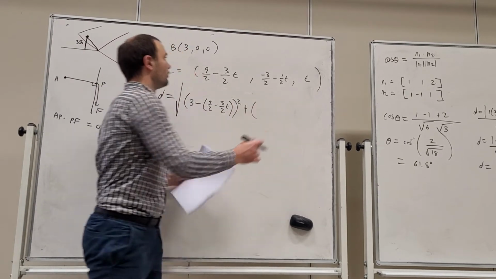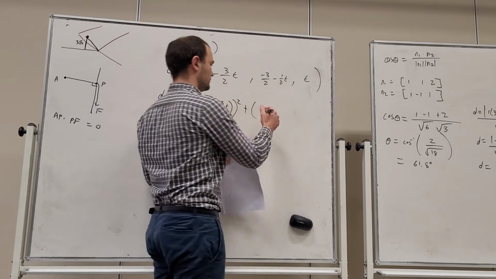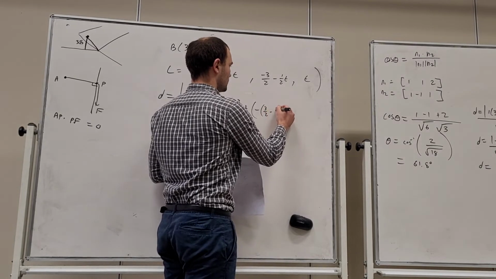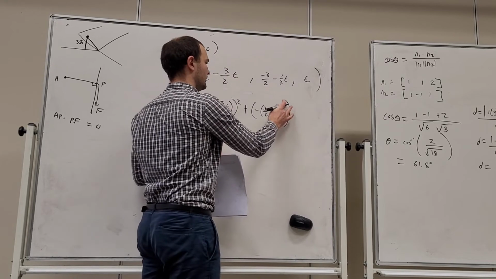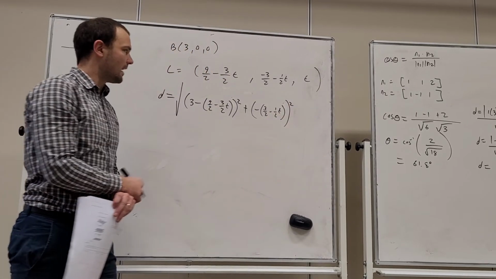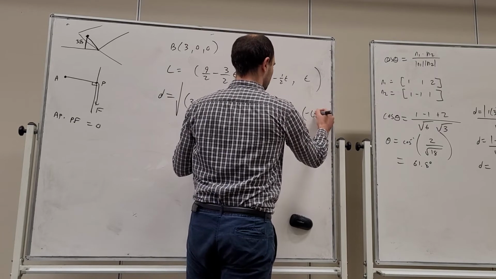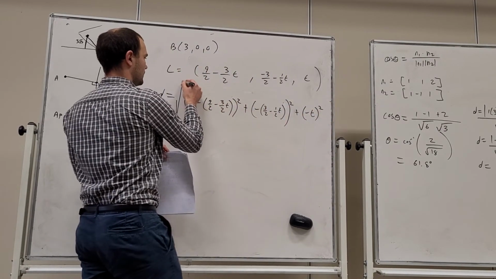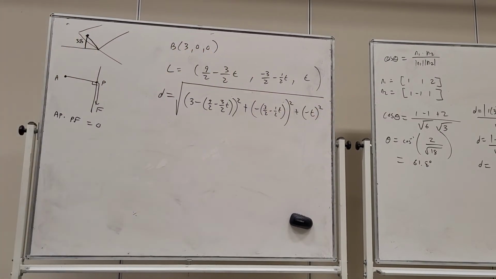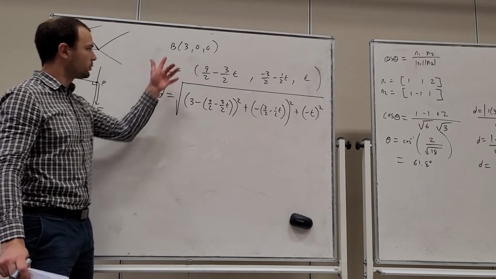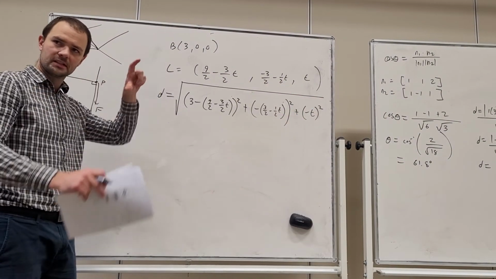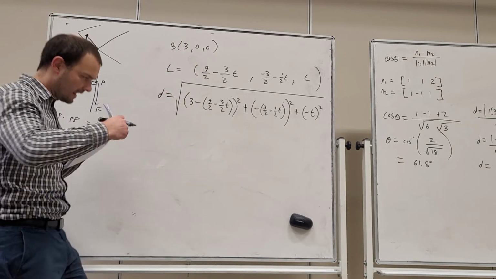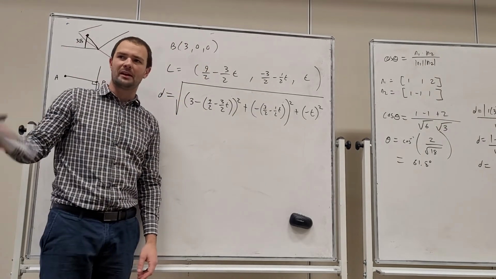Plus the y value squared, and then the same with z, all under a square root. Now that is the distance between these 2 points for any value of t. So it's going to tell you the distance between B and the line at any point along the line. We want to know when it's minimized.